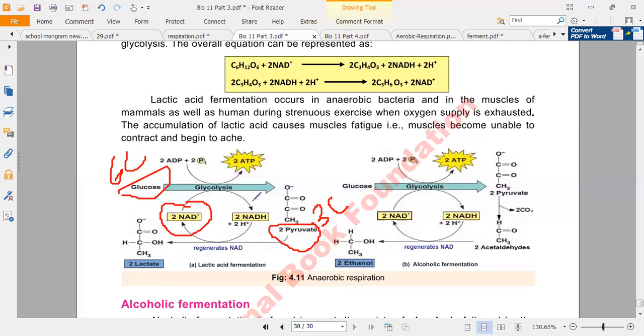It accepts electrons from glucose and changes into NADH in the reduced form. So here is a reduction process.